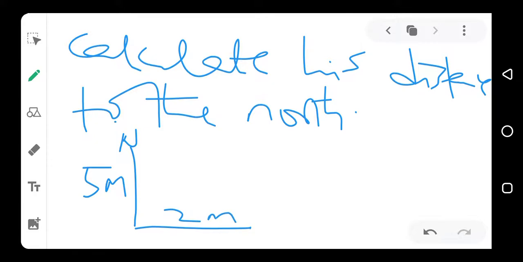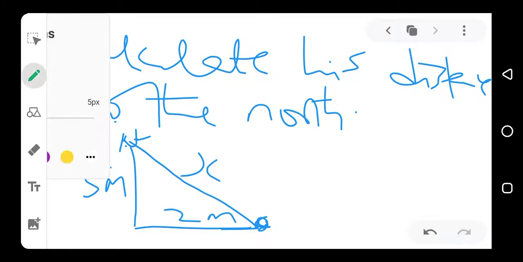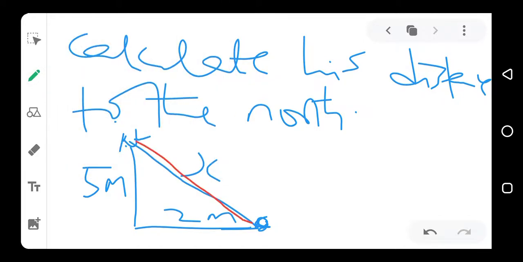Now the question is asking us to calculate the distance between where the boy is now, here, and the north, which is here. So the distance is going to be this line that covers this shape. That is the diagonal there. So let's call it x. This is the distance between the boy and the north, this red line.